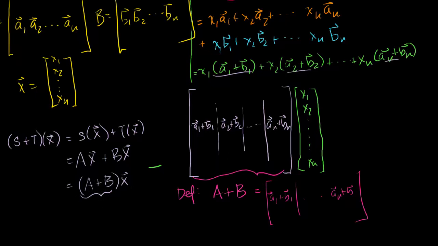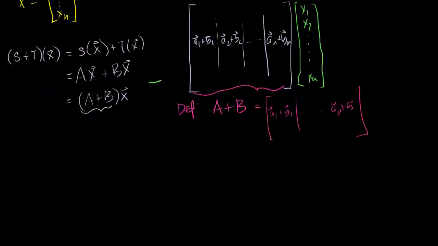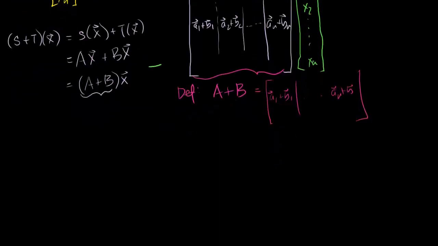Now let's do the same thing with scalar multiplication. We know that c times our transformation of x, by definition, I'm saying is c times the transformation of x. So c times whatever vector this is in Rm.